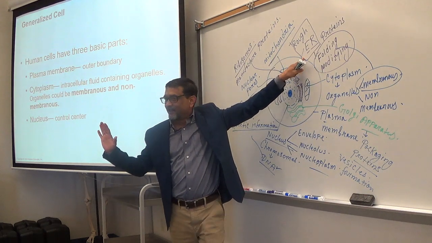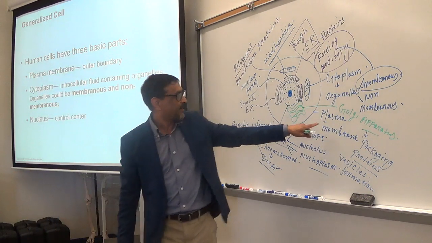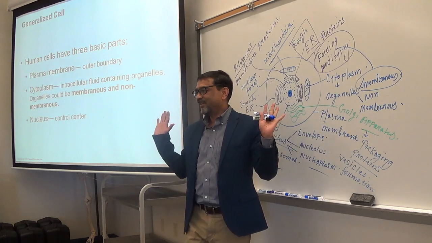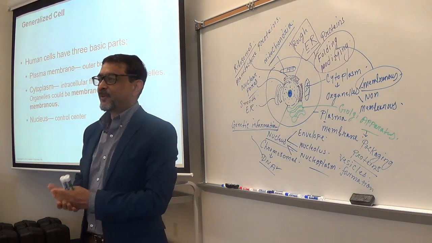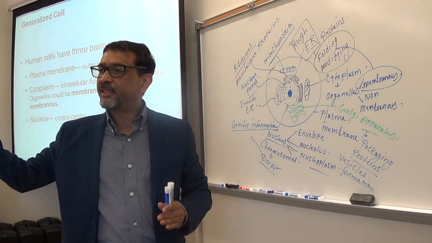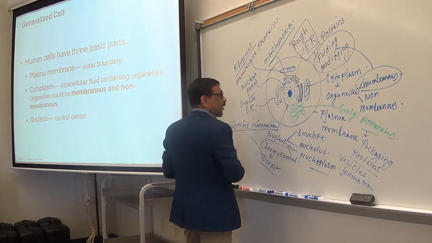Then the products are sent to the Golgi apparatus. And Golgi apparatus does what? Packaging. Right? So three things: manufacturing, modifying, and packaging are done by three different organelles. Okay.